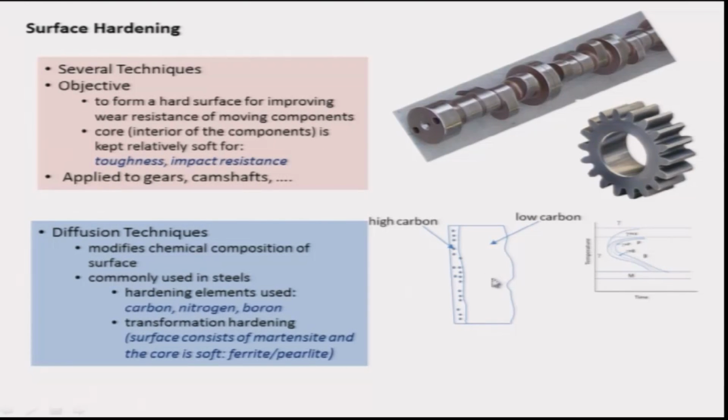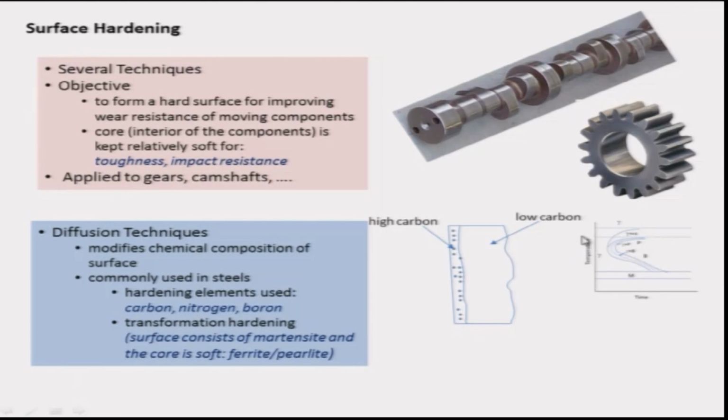In one case, in the interior part, the cooling rate that is produced intersects the ferrite pearlite curve. So, this is the ferrite curve and this is the pearlite curve. As a result, the microstructure that you would get in the core would be ferrite and pearlite. On the other hand, the surface layer which has a higher carbon content, its transformation diagram would have been shifted to the right.